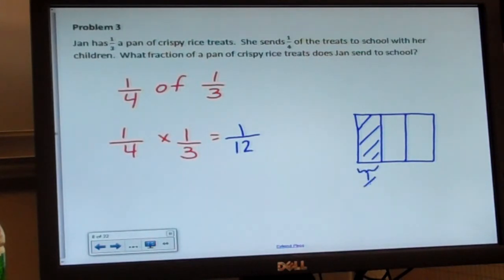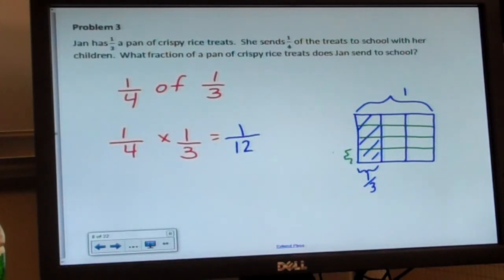So here's our 1/3. This is a whole. And what are we going to do to our 1/3? We want to find 1/4 of 1/3. Matt? Now, that makes 3 lines to represent the 1/4. Good, we now need to cut it into fourths horizontally. And how many of those am I going to shade? 1.